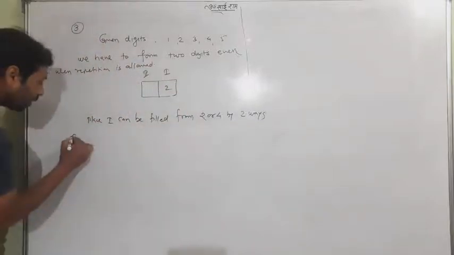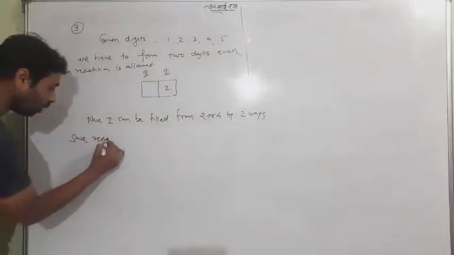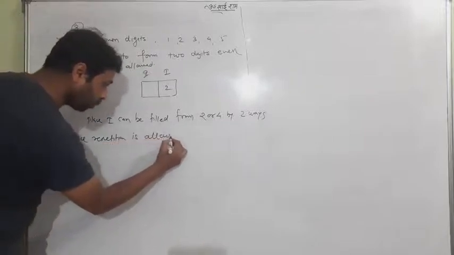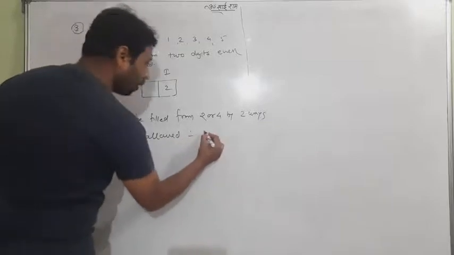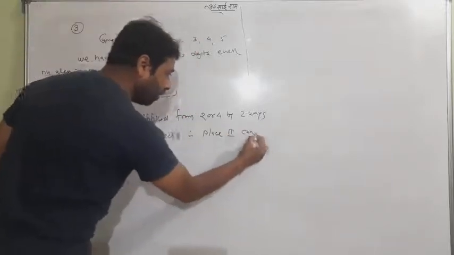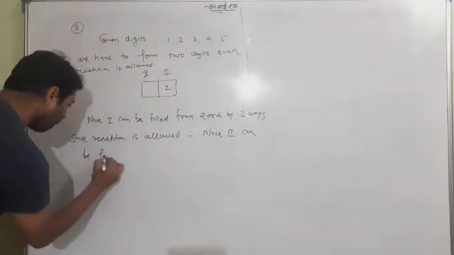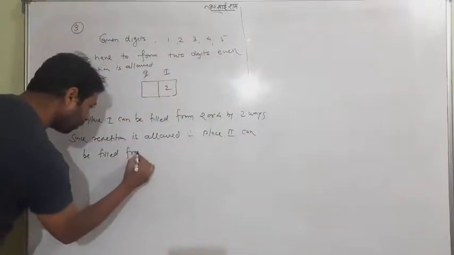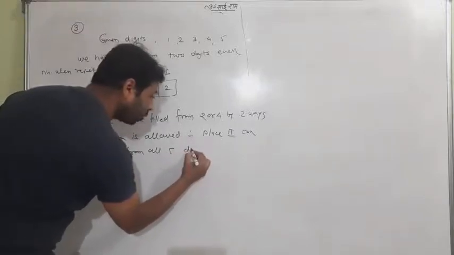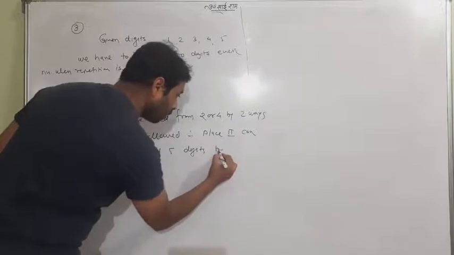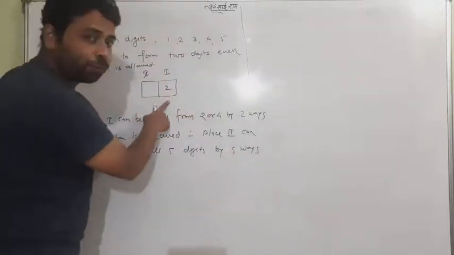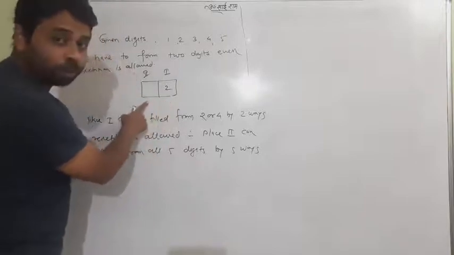So I'll say since repetition is allowed, therefore place 2, or you can say tens place, can be filled from all 5 digits by 5 ways. Definitely this place can be filled in 2 ways and this place can be filled in 5 ways.